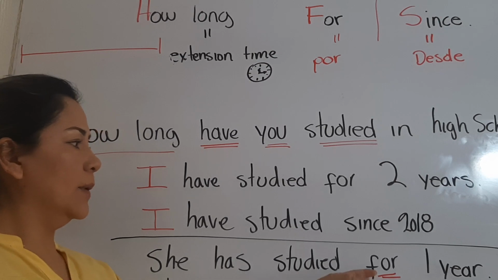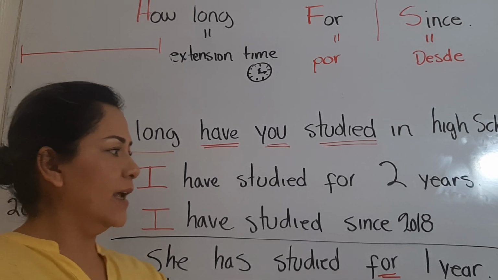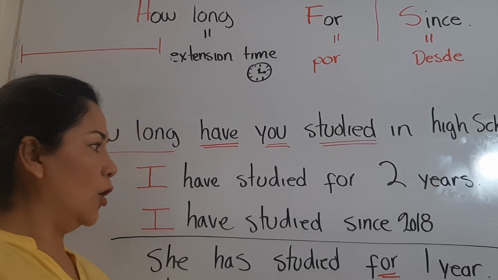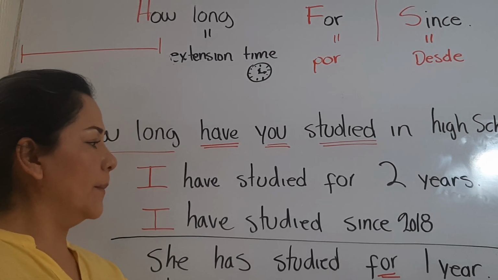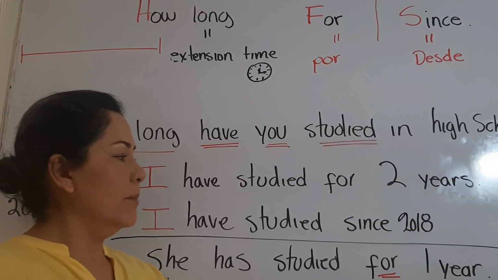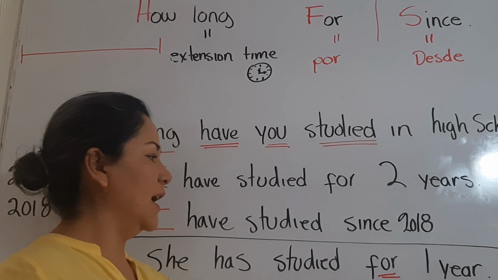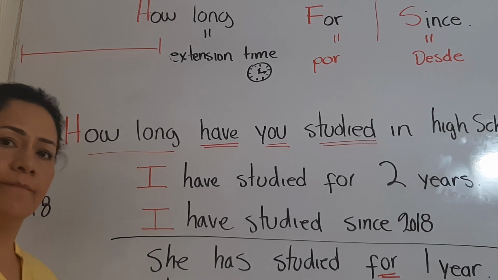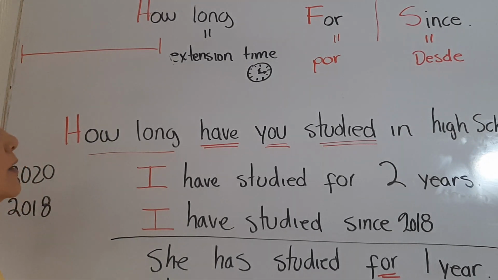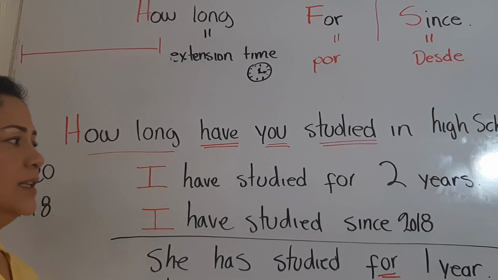See, only with for we are talking about the length of time, how long, and here we are answering also for how long, but we mention the moment this action started. Okay, that will be the way we use for or since in the answer for the question how long.